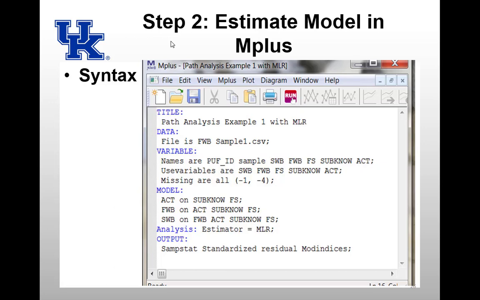So the original missing data says if the respondent fails to respond to a certain item, it will be represented by -1. If the responses are illogical or don't make any sense, it will be symbolized as -4. So we will say missing data that. And model, you can take a look here.